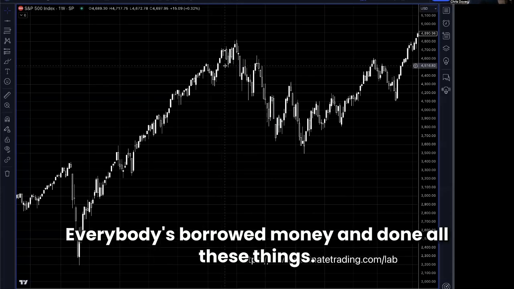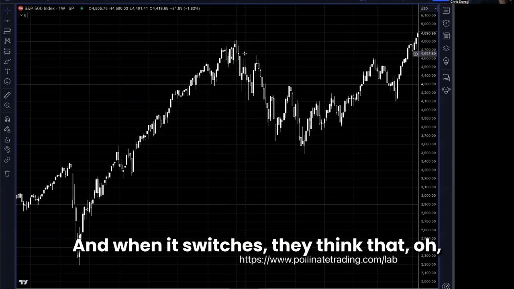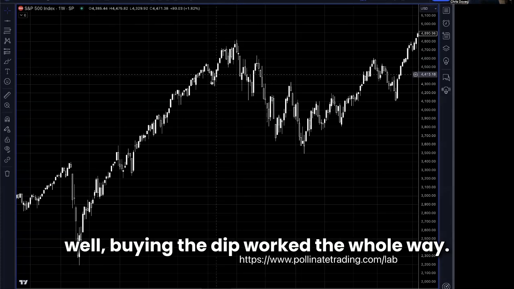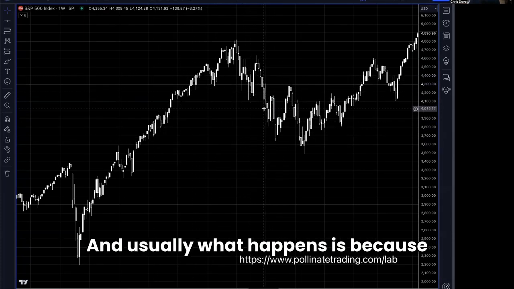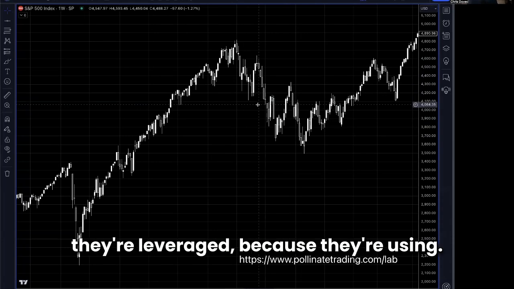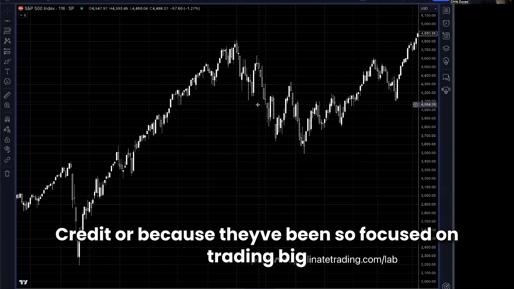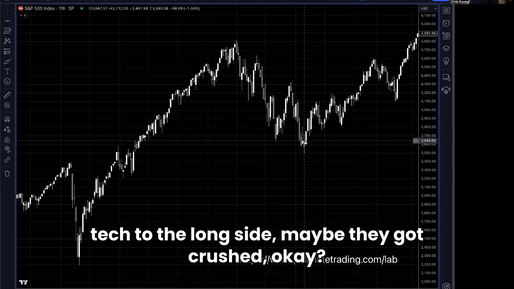And when it switches, they think, oh, buying the dip worked the whole way, so I'm just going to buy dips. And usually, because they're leveraged, because they're using credit, or because they've been so focused on trading big tech to the long side, maybe they got crushed.